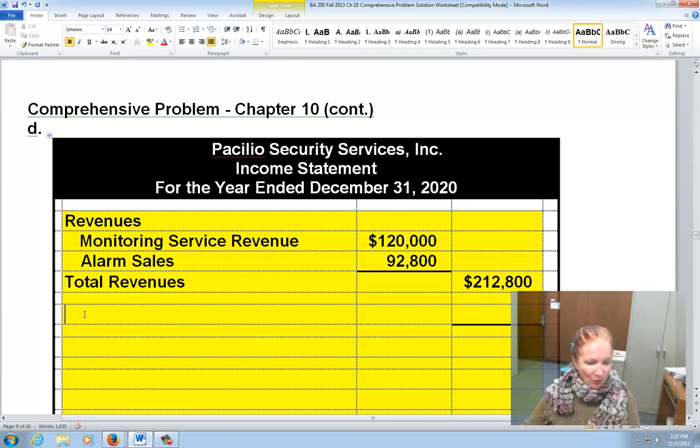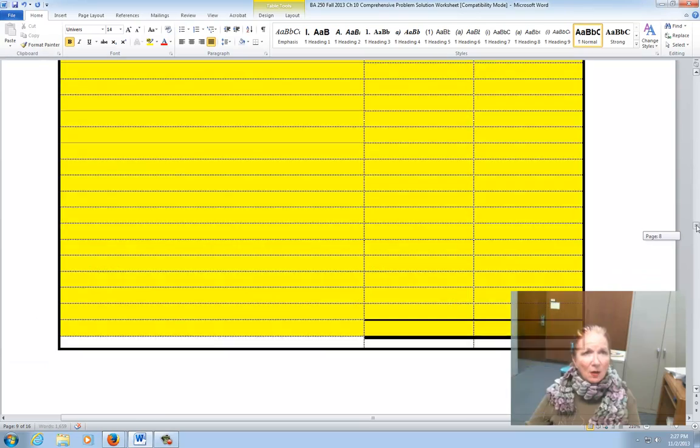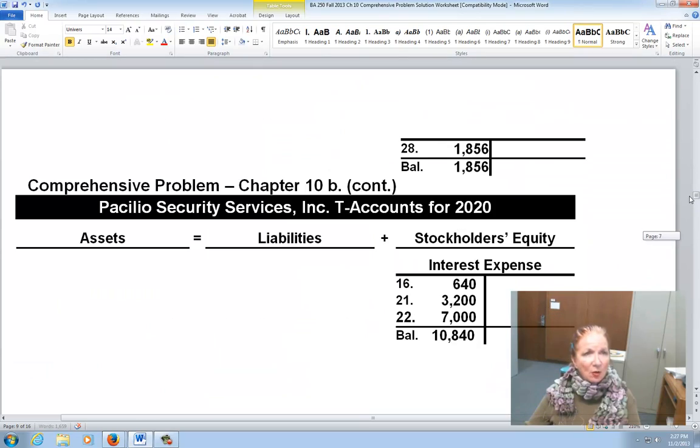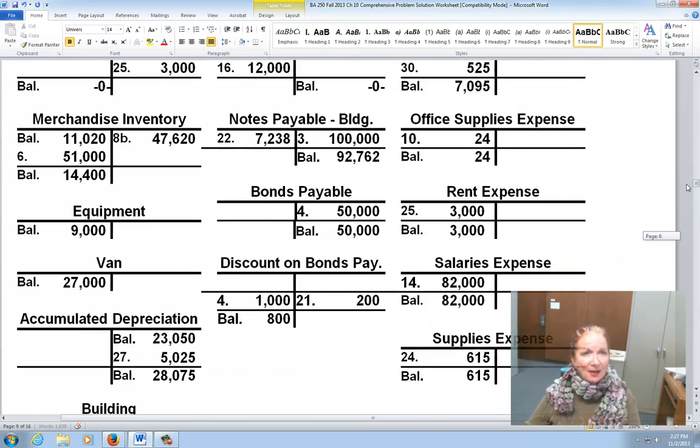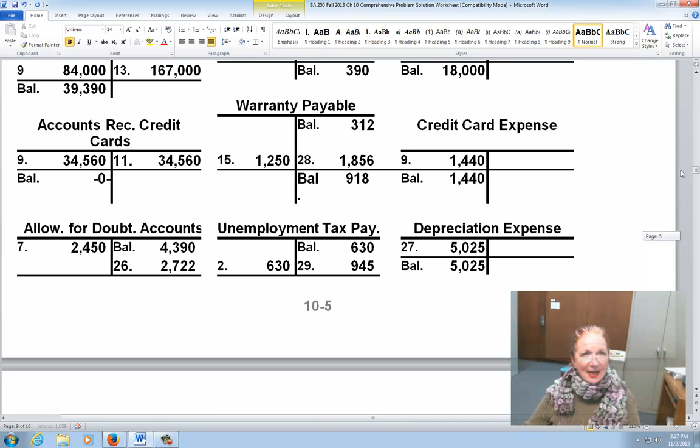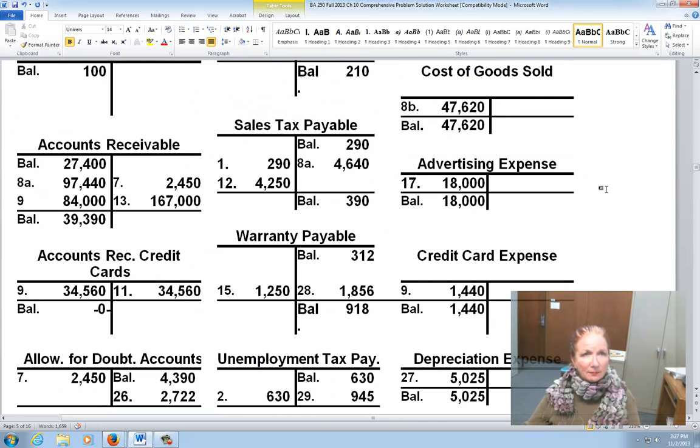Now the next thing we're going to have, of course, is our cost of goods sold. And that you will go to the trial balance or to the cost of goods sold. It's an expense, the cost of goods sold expense, and it's 74,620, cost of goods sold 74,620.